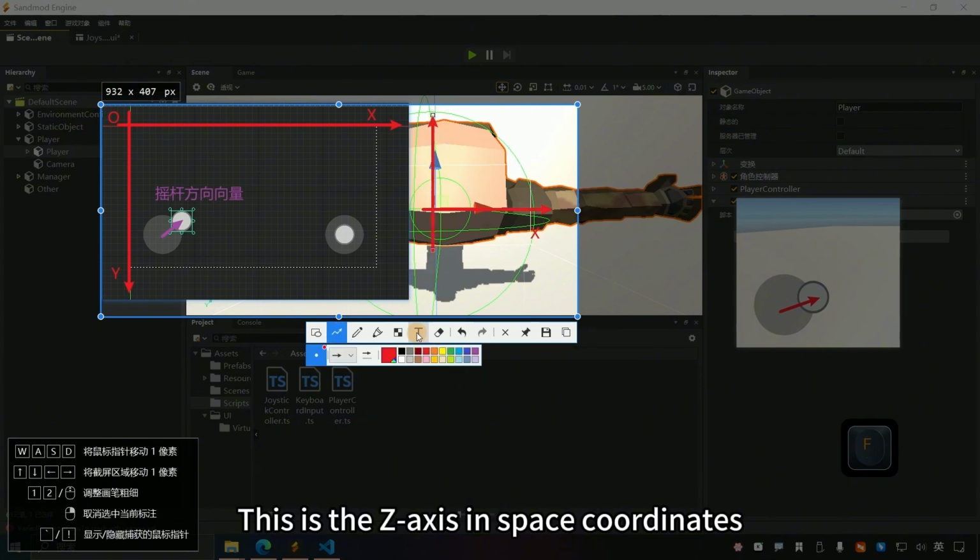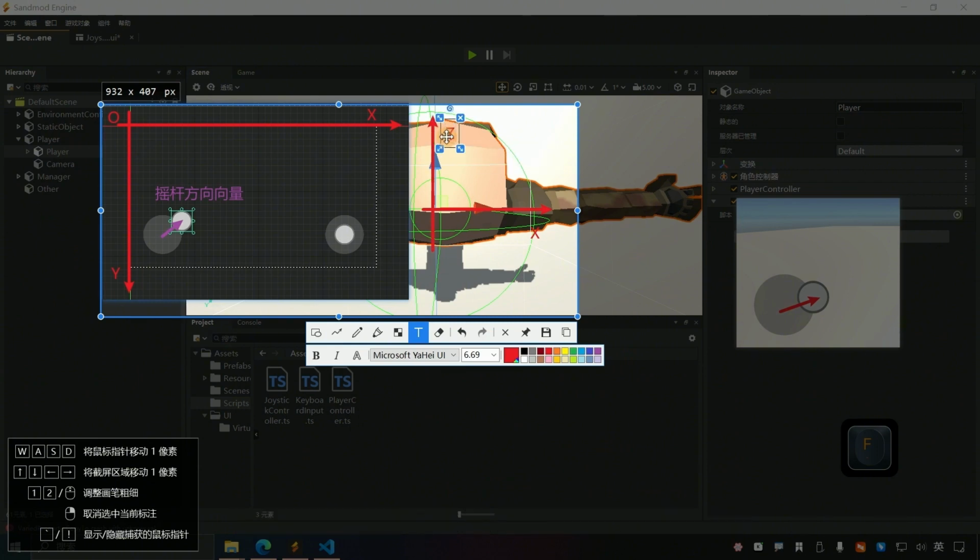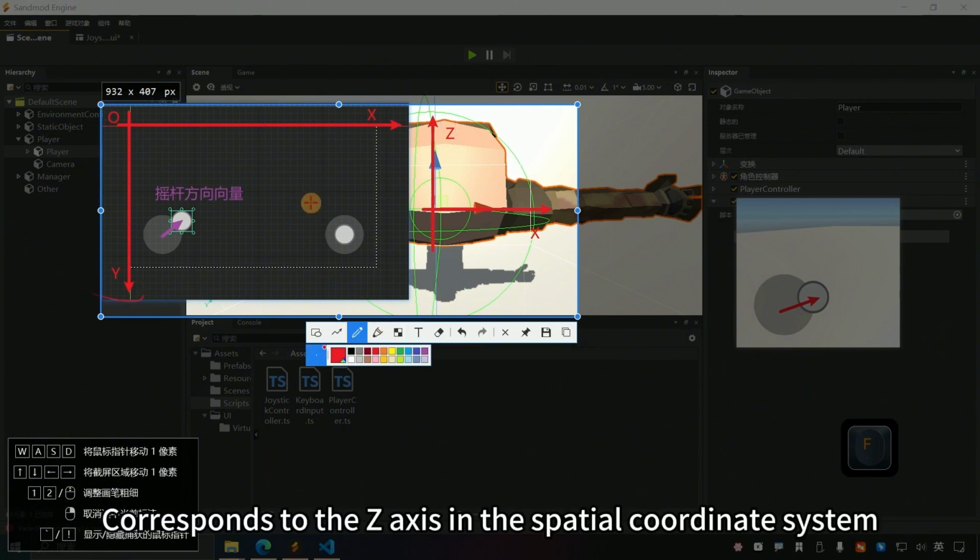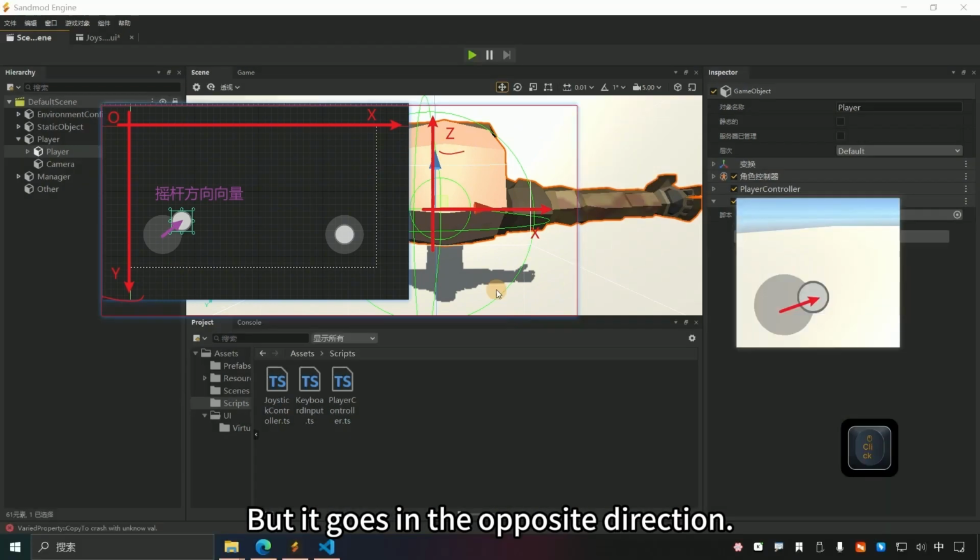This is the z-axis in space coordinates. So, the y-axis in the UI corresponds to the z-axis in the spatial coordinate system, but it goes in the opposite direction.